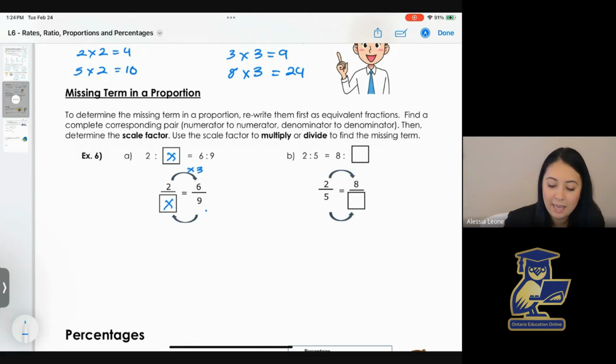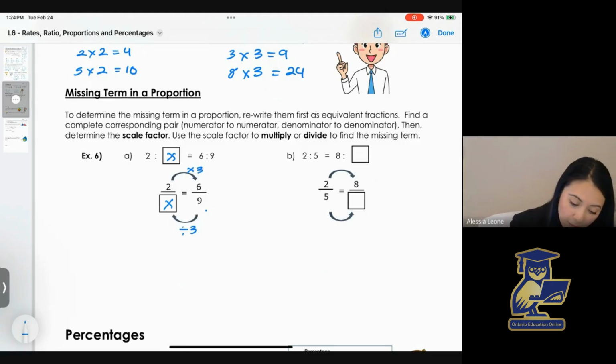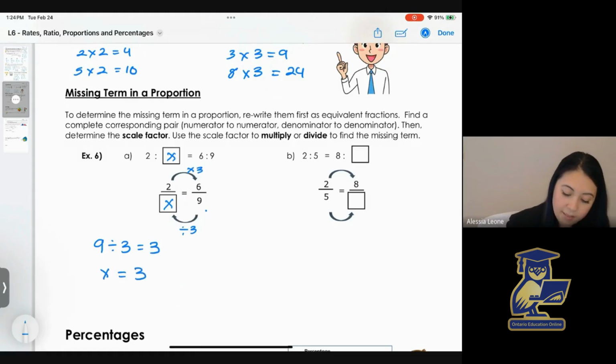So that means 9, the opposite operation, divided by 3 will give us x. So 9 divided by 3 is 3. So then we know x, the missing number, is 3.